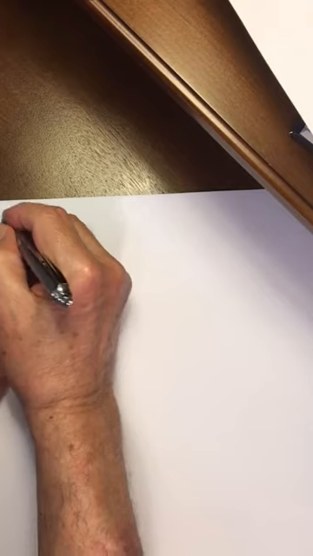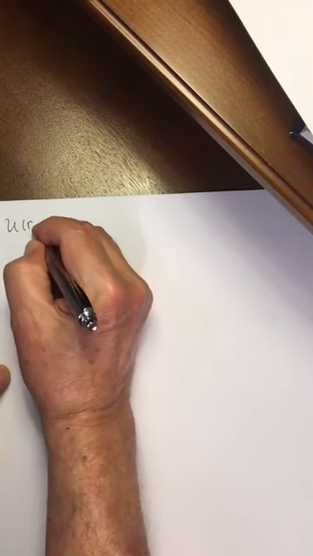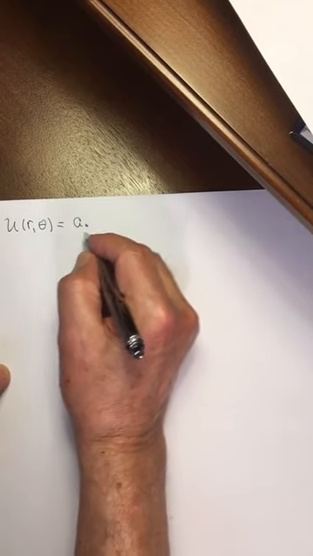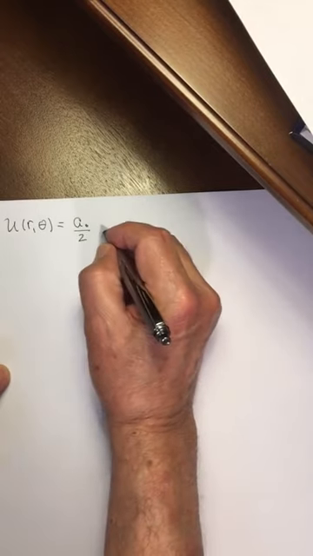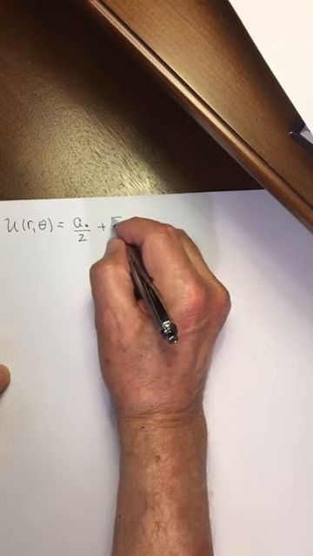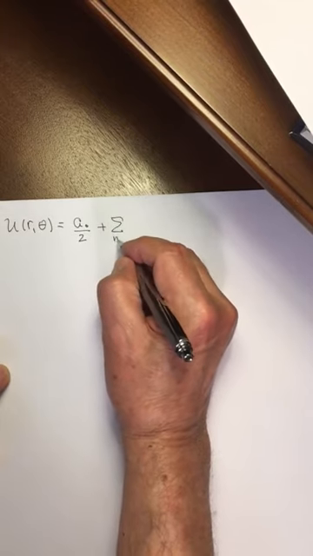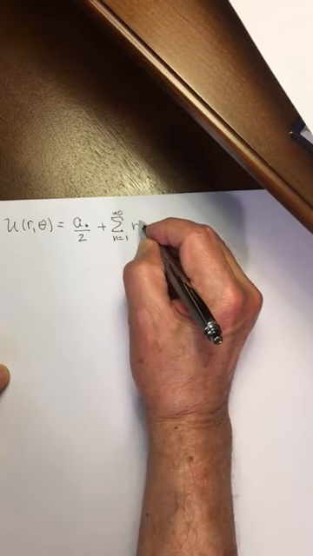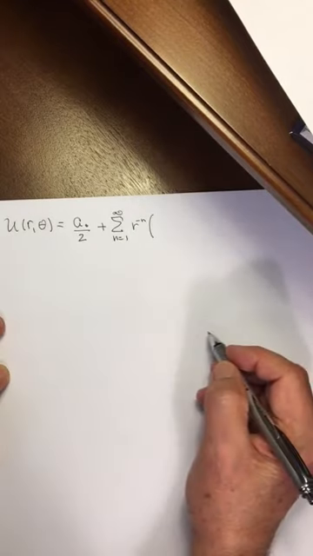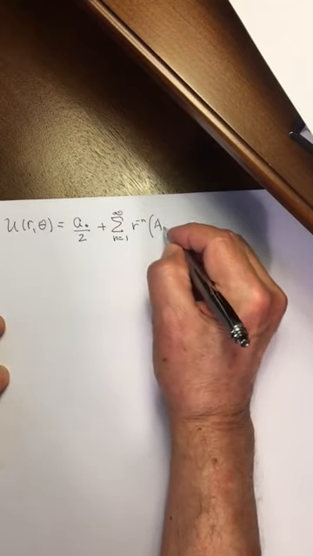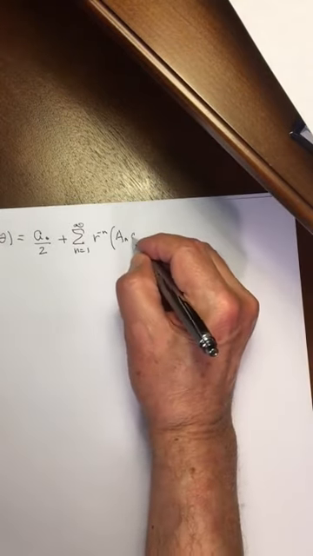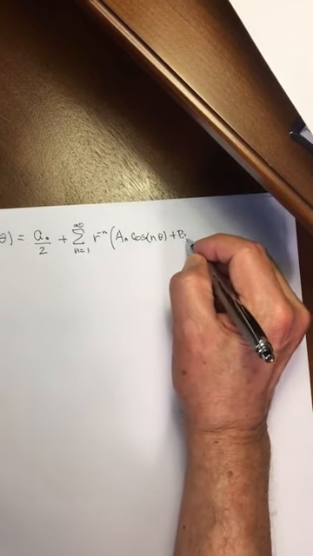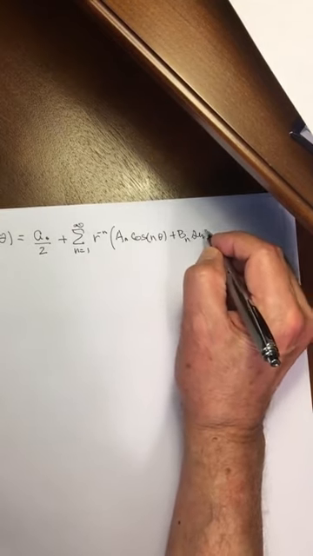So our general solution will be u of r and theta equals a0 over 2, and you know why I write it this way because of our formulas for the coefficients, plus the summation n equals 1 to infinity, r to the minus n, a_n cosine n theta plus b_n sine n theta.